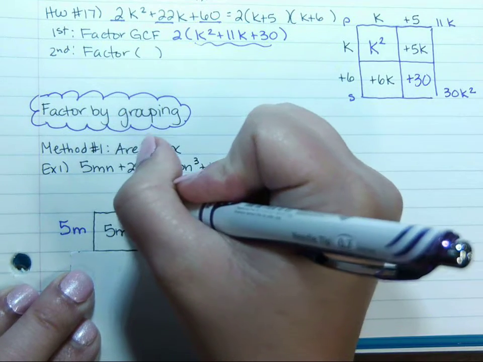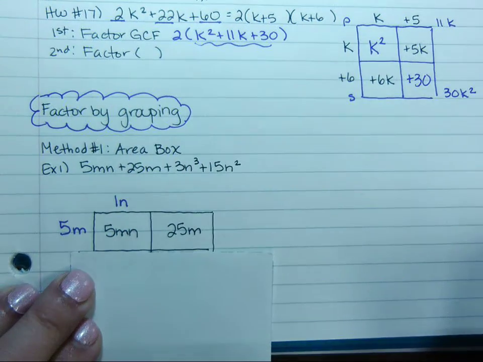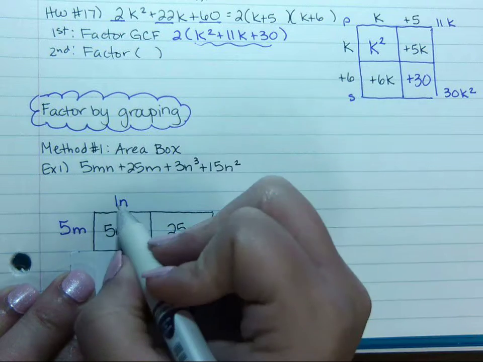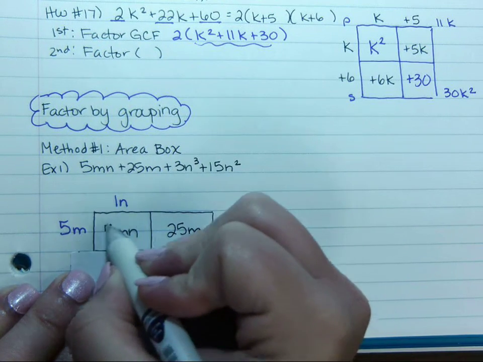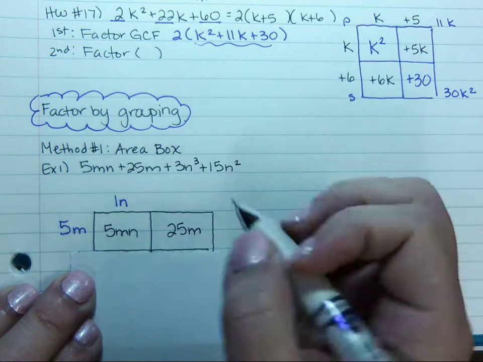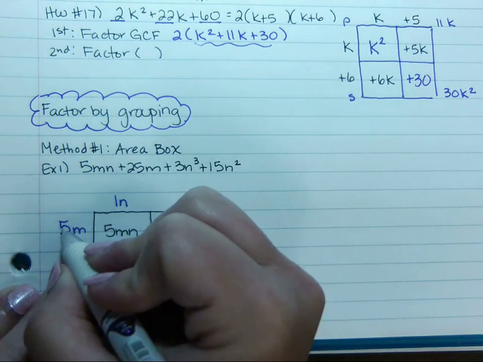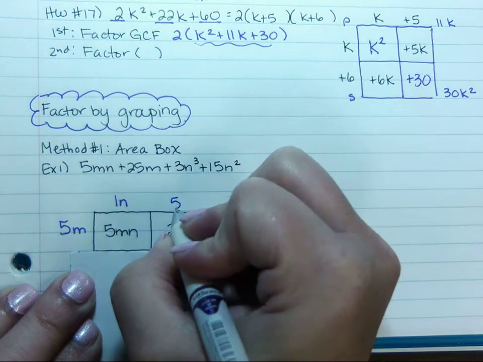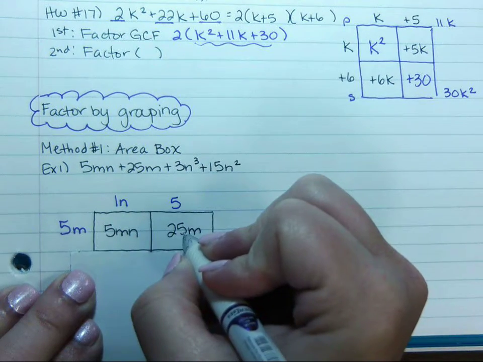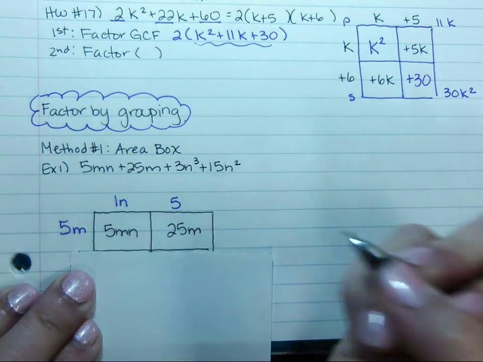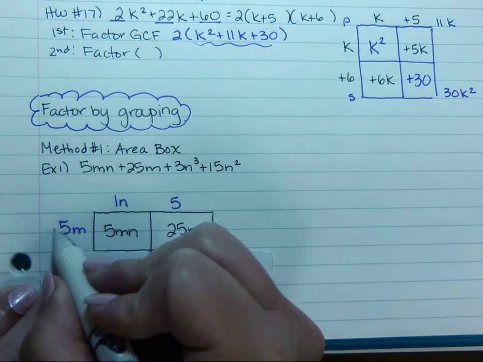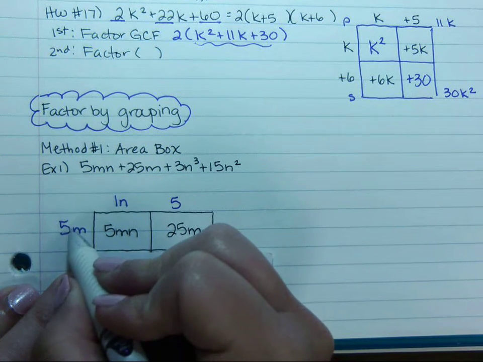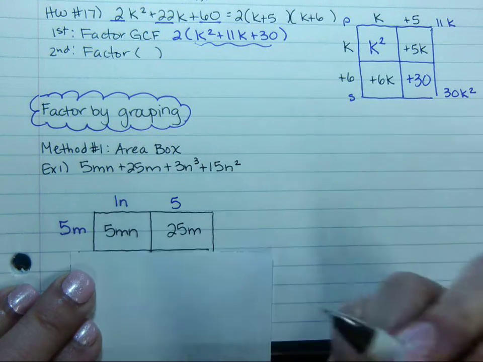So I have a 1n for the first box, and if I multiply the 2 numbers on the outside, that gives me the product inside. You can also think about it as 5 times 5 gives me 25, and then the m. So it's the same technique we did yesterday: once you take the greatest common factor out on the left, the remaining factors go up top.